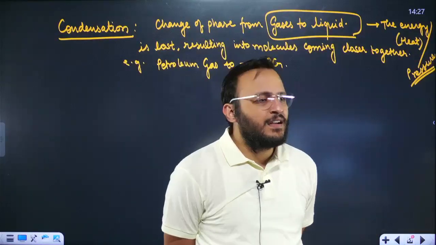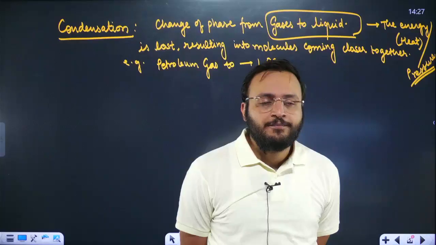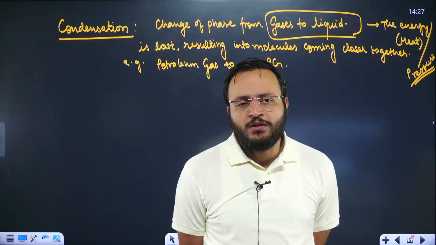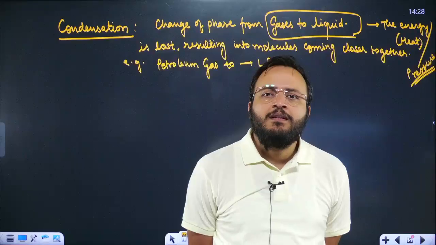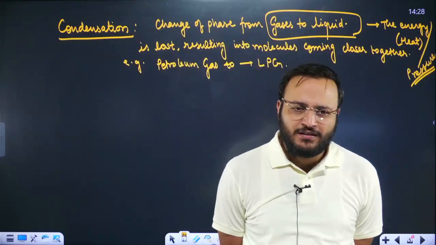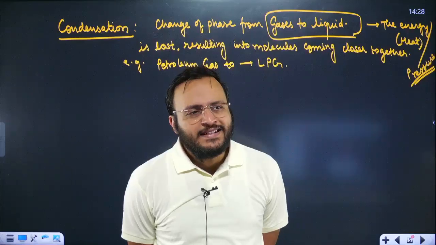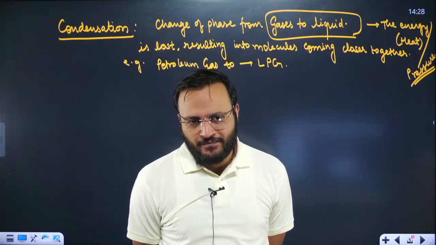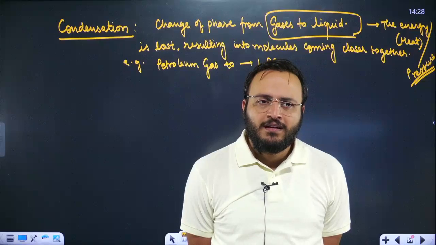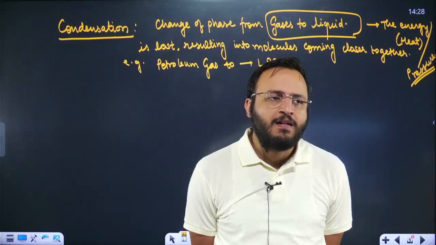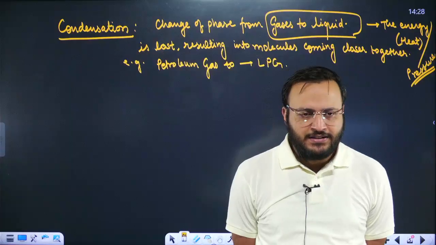Or say the condensation of steam leads to the formation of water. However, you can also create the process of condensation by providing high pressure to a gas. That is actually called compression, and we can say that gases are compressible. So under compression, they are condensed.